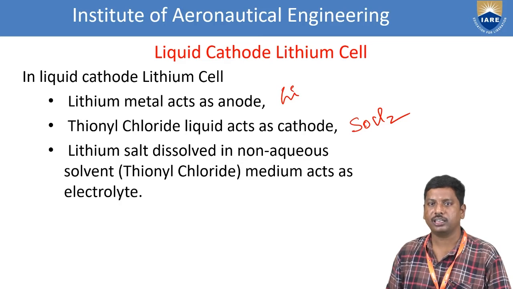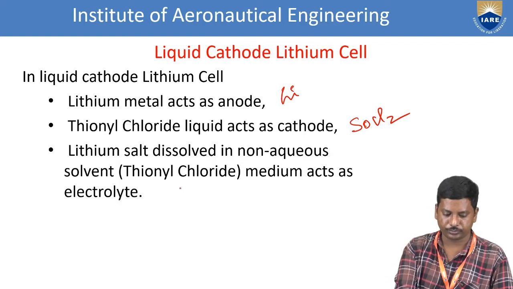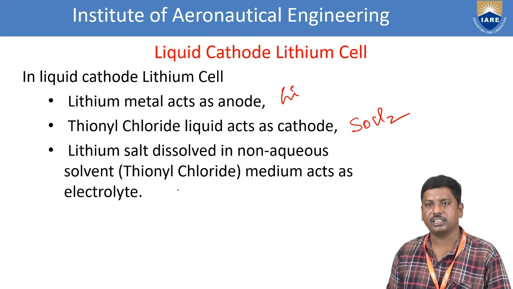Lithium salt dissolved in a non-aqueous solvent, thionyl chloride, acts as the electrolytic solution. This organic medium affects the chemical reactions in the cell, that is, anodic oxidation and cathodic reduction.